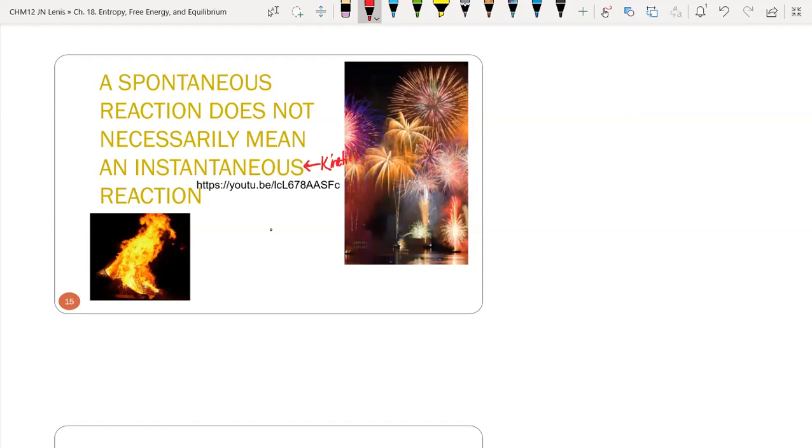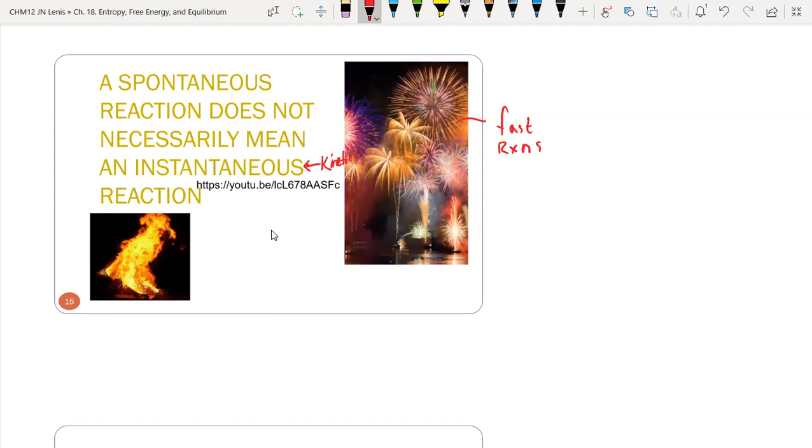So they are very fast reactions. And you can say those are instantaneous reactions.